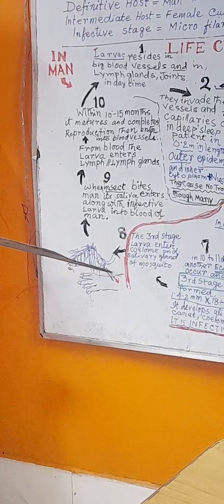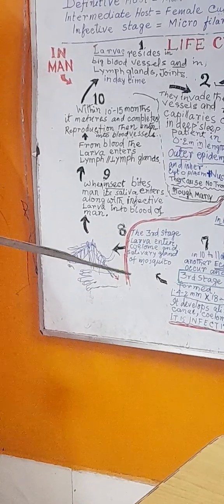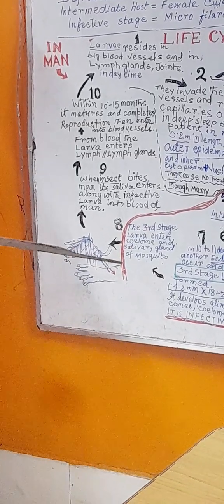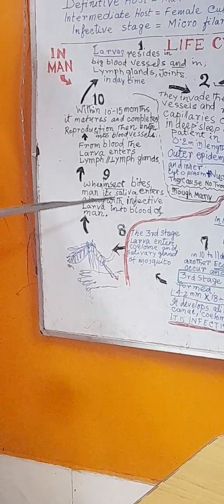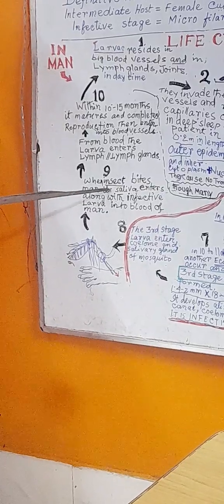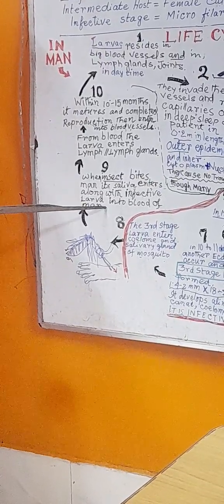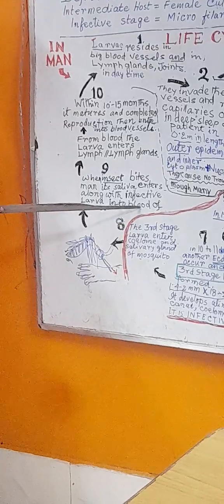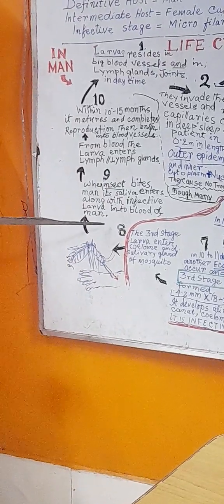Then it enters into the blood vessels and runs with the blood flow to different parts of the body. When this insect bites a man, its saliva enters along with the infective larva into the blood of the man. Then infection is complete.